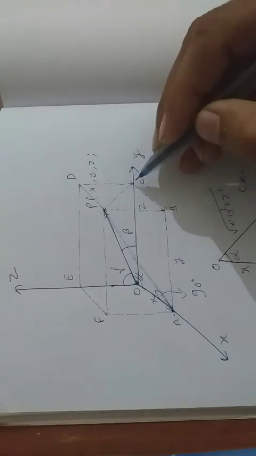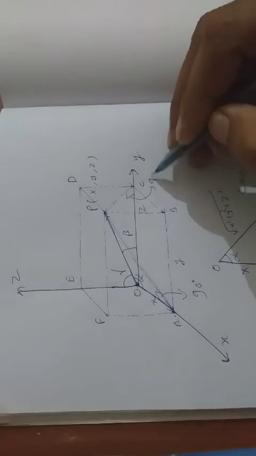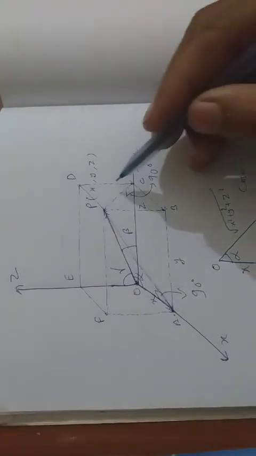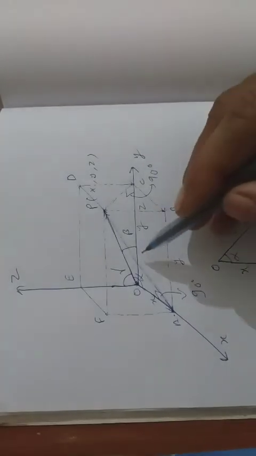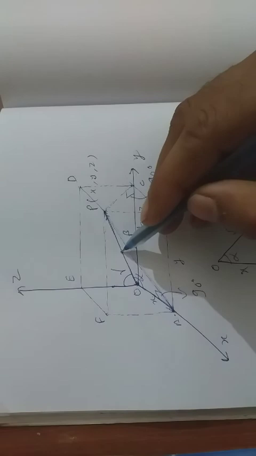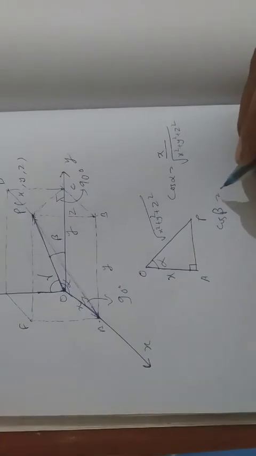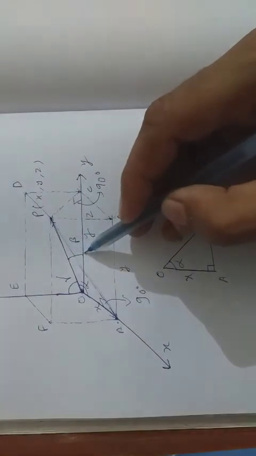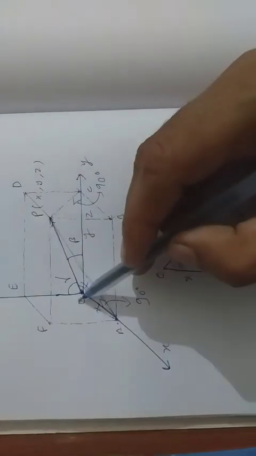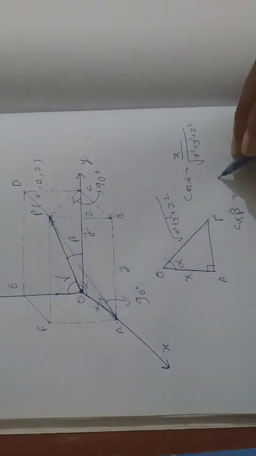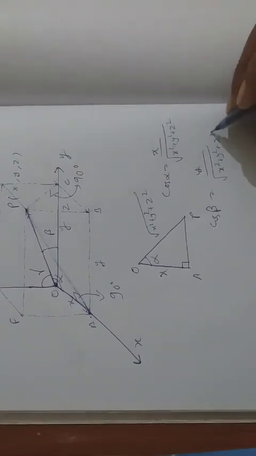So this angle is 90 degree, and from figure we can see that OC is y unit. So if we want to find cos beta, then cos beta is equal to base OC upon hypotenuse OP, which is equal to y upon square root x square plus y square plus z square.